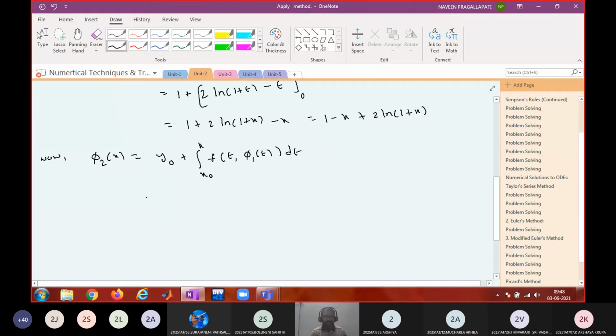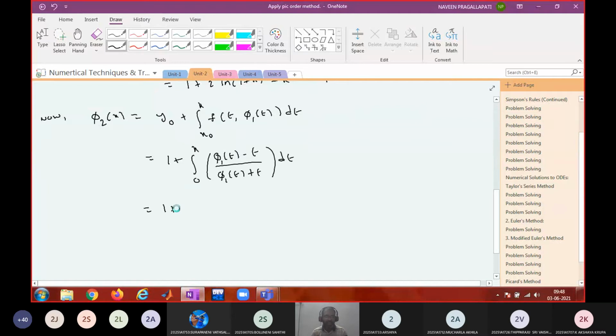So y naught is 1 plus integral 0 to x of f of a comma b, where f of a comma b is b minus a by b plus a. That means phi 1 of t minus t by phi 1 of t plus t. Now what is phi 1 of t? You substitute here.